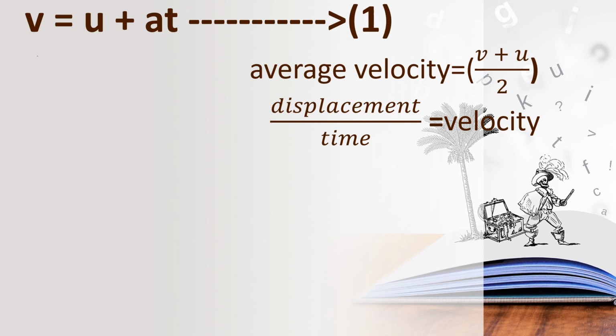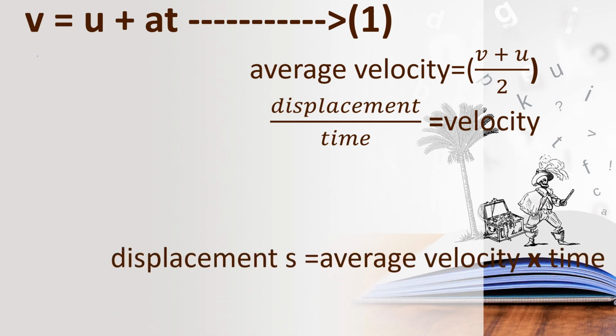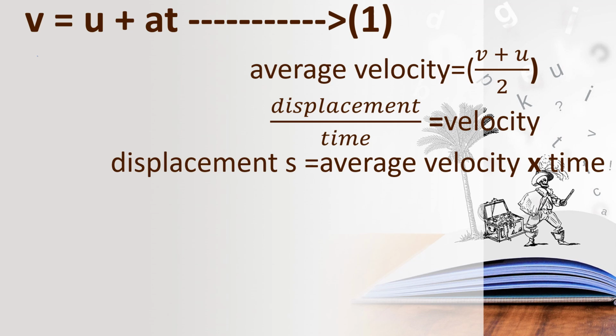How will you find the displacement? If we want to find the displacement, what can we do? Displacement equal to velocity into time. Is it, children? So already we have the average velocity. We already said the acceleration is uniform acceleration, so we are taking average velocity. So displacement equal to average velocity into time.